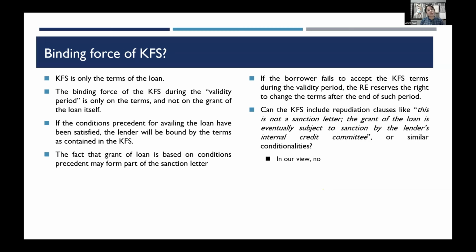Now, is the lender also bound that yes, I will lend, or I will have to enter into this lending agreement if the borrower says yes to the KFS terms? Here we have to understand that lending is dependent on the credit evaluation of the borrower. There are a lot of documentation requirements, and a lot of credit appraisal requirements that the lender undertakes before the actual disbursement.